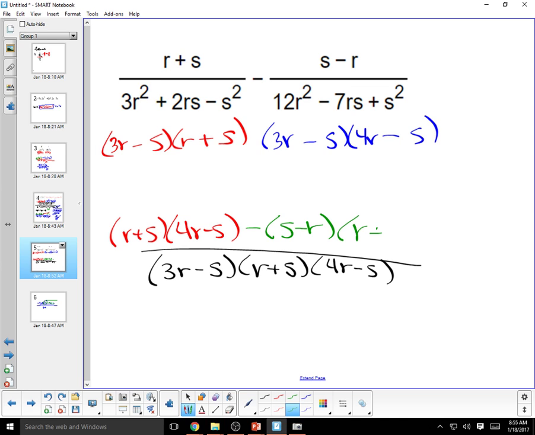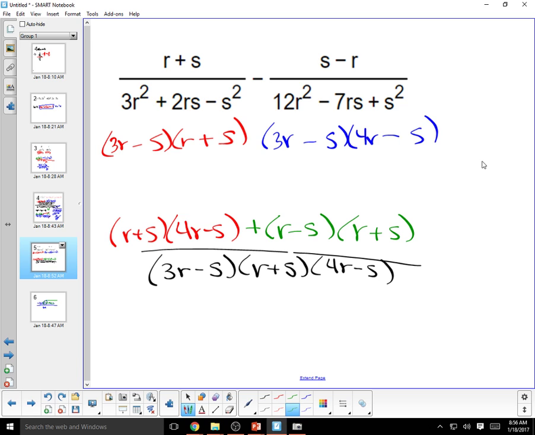The R plus S. That's it? Yeah. I'm going to go ahead and multiply this negative into this one. So I'm going to make this factor the opposite of the last one. Is that cool with you guys? That way it becomes R minus S. R minus S. Okay?